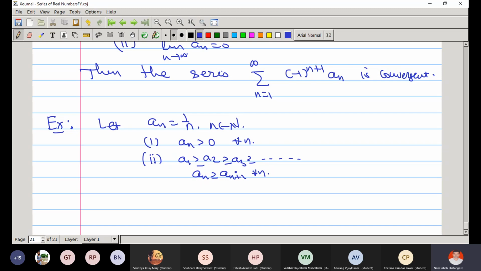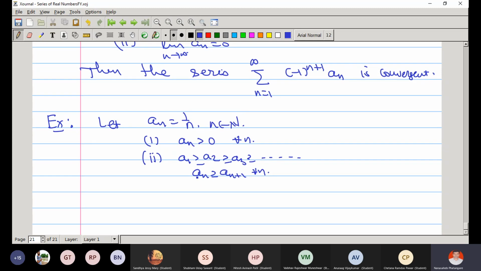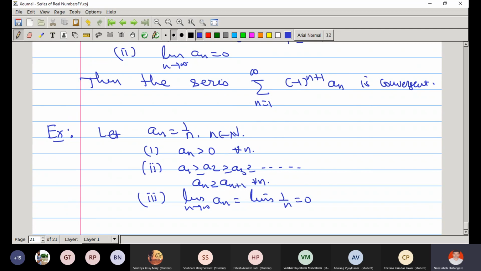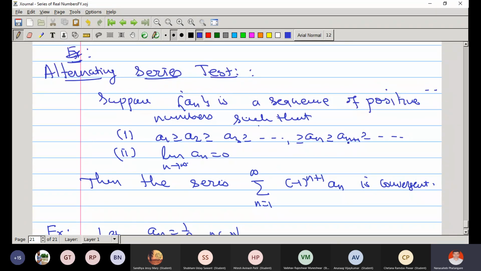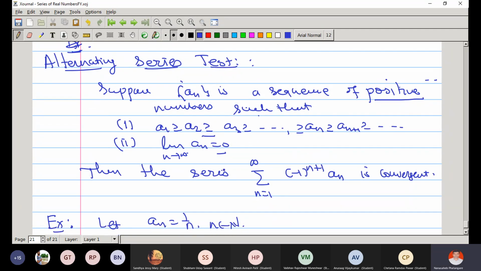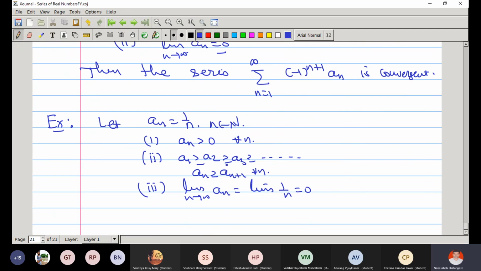Yes, sir. Now the third condition: what is the limit as n tends to infinity of an? 0. Now in the alternating series test, are all the conditions satisfied? All terms are positive, terms are decreasing, limit of an is 0.